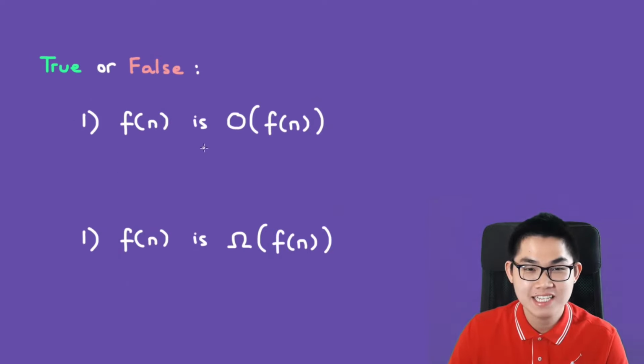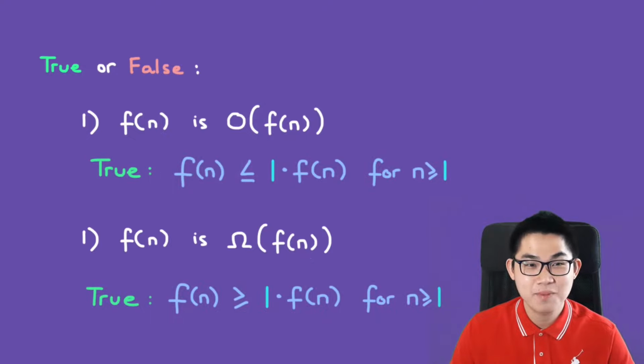True or false? f of n is big O of f of n. So basically saying it's big O of itself. And the second one is f of n is big omega of f of n. It turns out that both of these statements are true. So if you use the inequality, you can see that f of n is smaller than or equal to 1 times f of n, right?